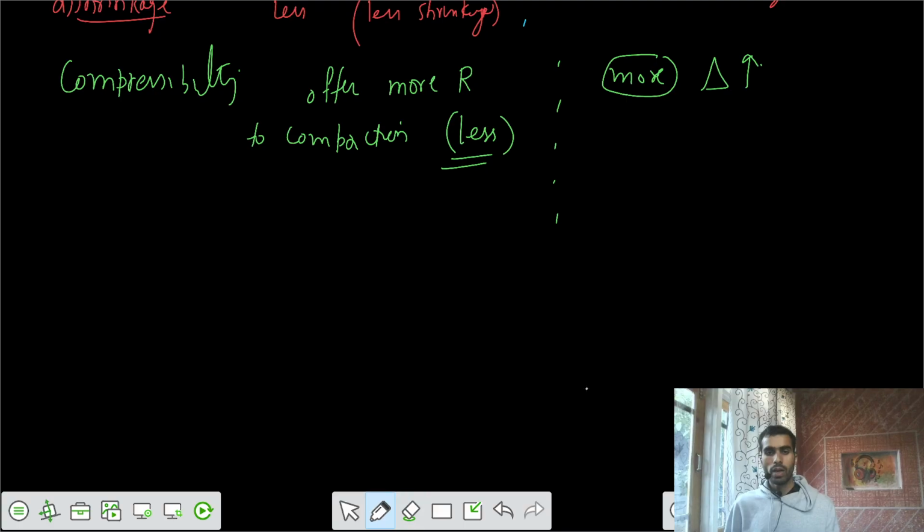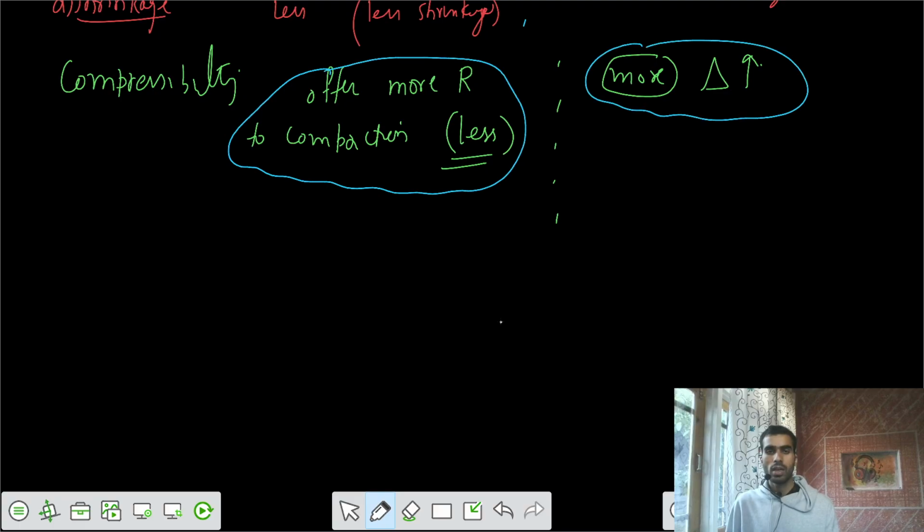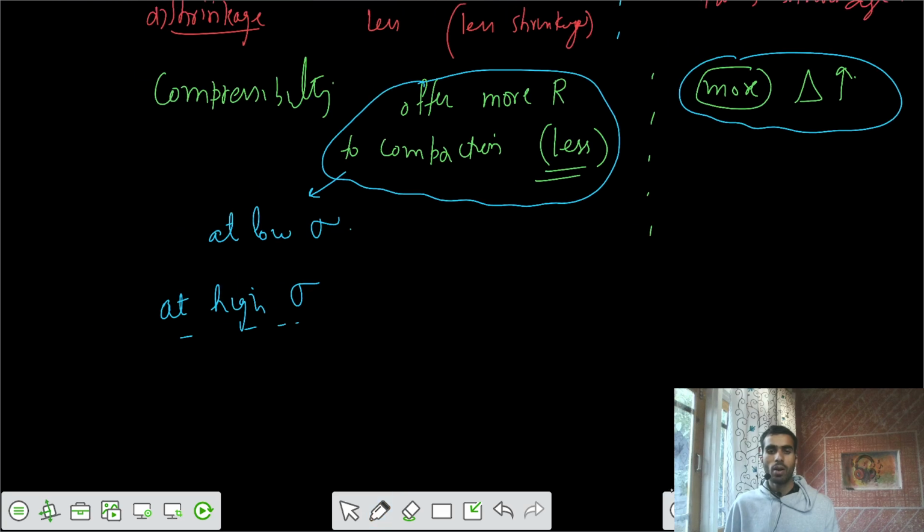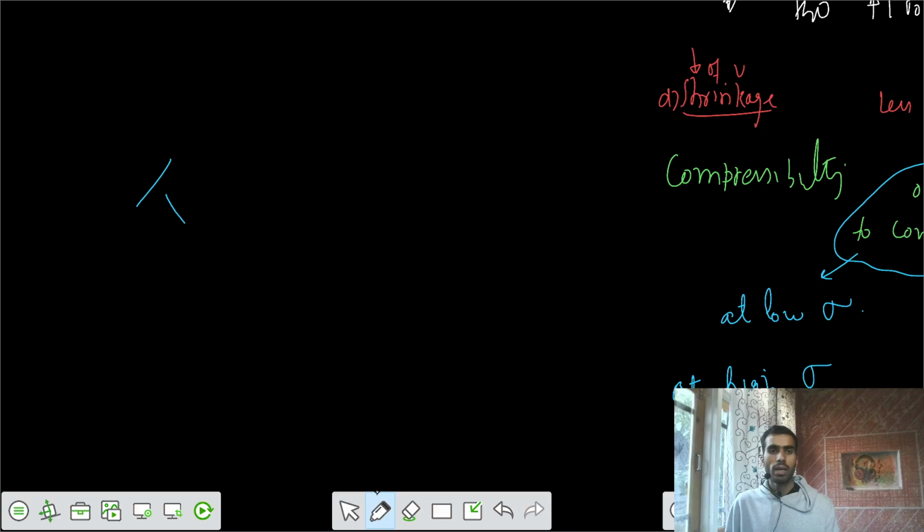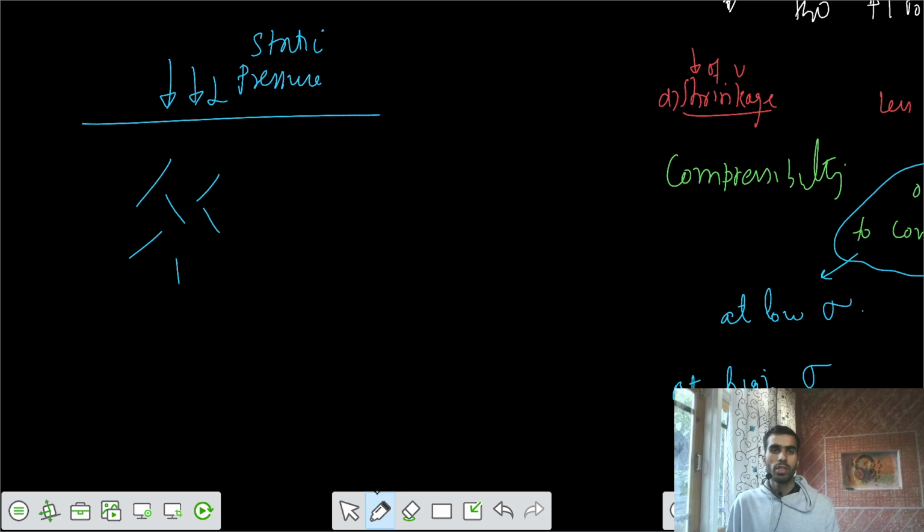Here we also write that this is for the initial case, when the stresses were low. Now if the stress is more, that means if the static pressure applied on the soil mass is heavy, because of compaction effort, it is going to break the bonds.